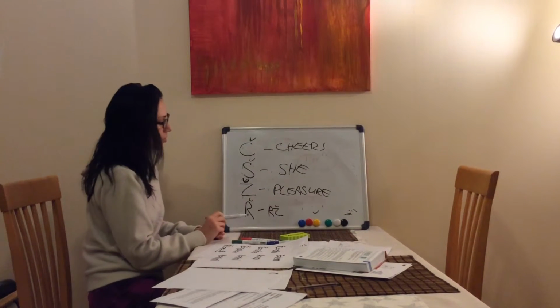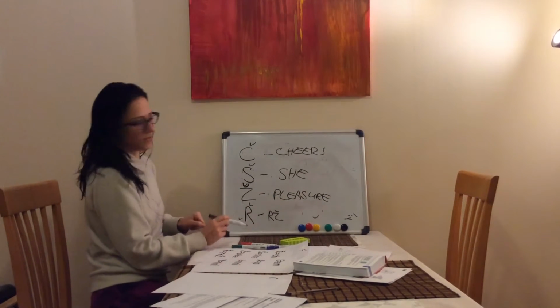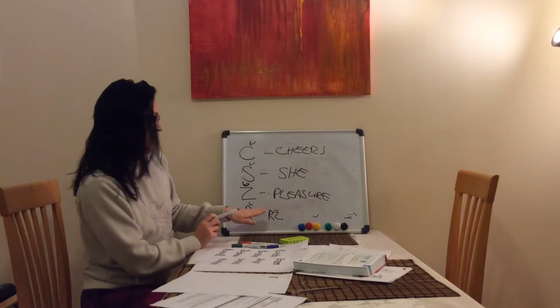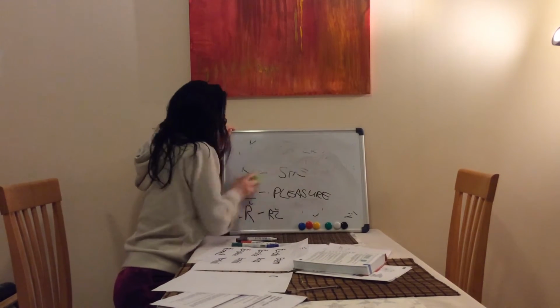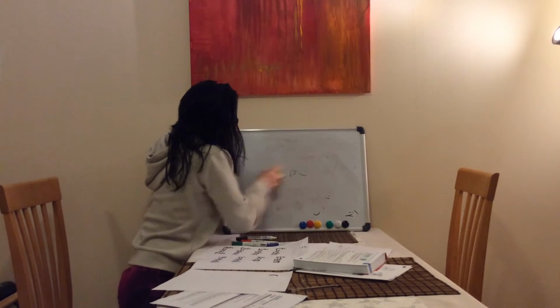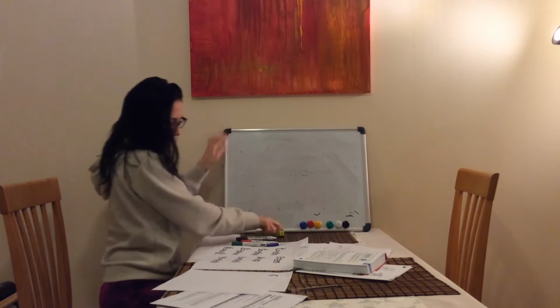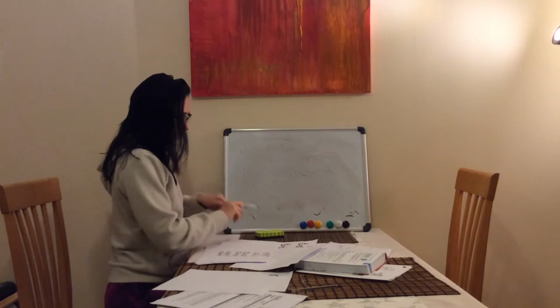There is a way to learn how to pronounce it, but I can do it in a different video. So that's je. This is our je. Now we can just practice them.